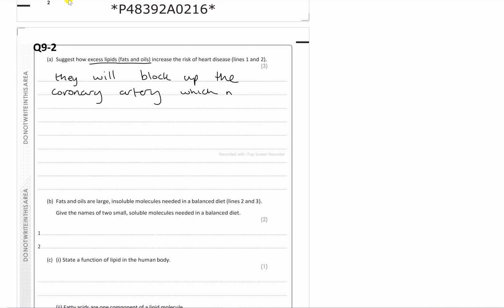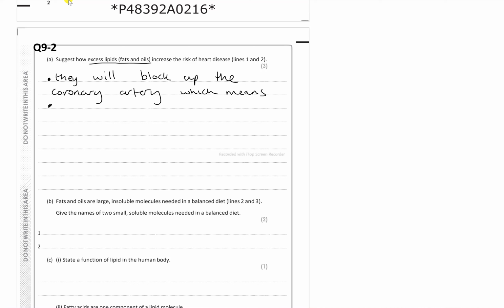So what they're saying is, suggest how excess fats and oils can increase the risk. Right, they will block up the coronary artery, so that's your first point.